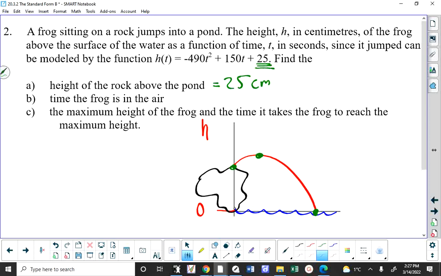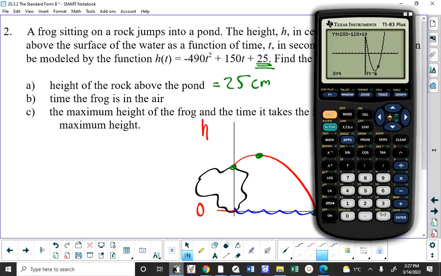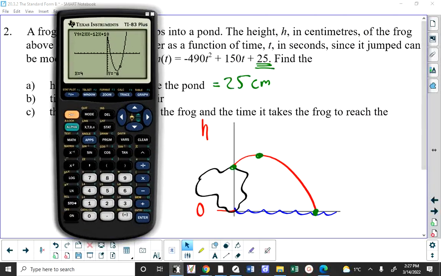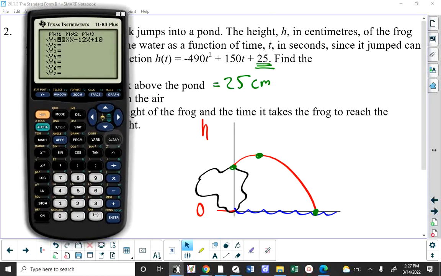The y-intercept is the constant term. Okay, let's graph this. So y is equal to, it's y in my calculator and h on paper, negative 490 x squared plus 150 x plus 25. And we're going to get the window settings the same way we did for the area problem.